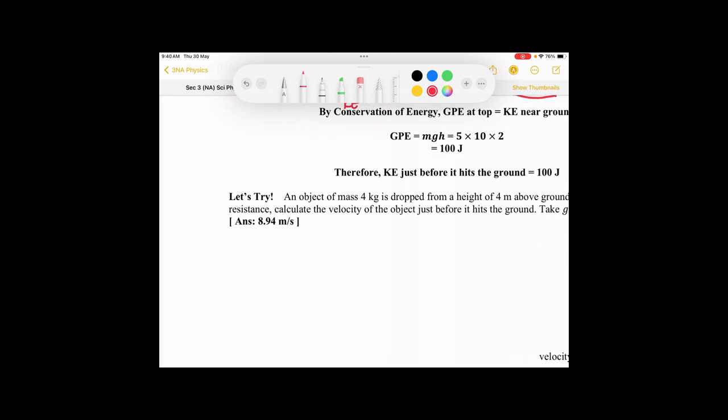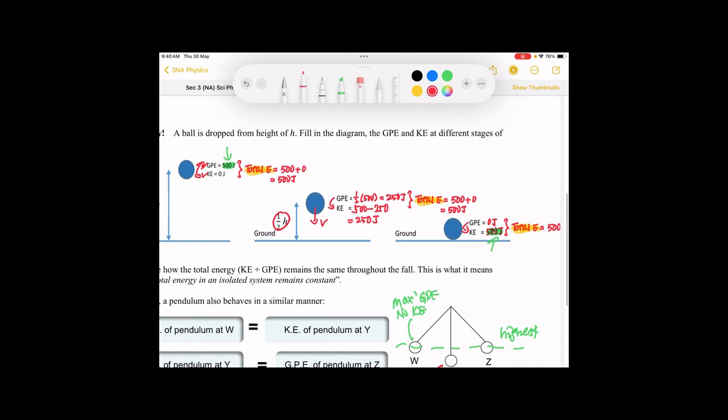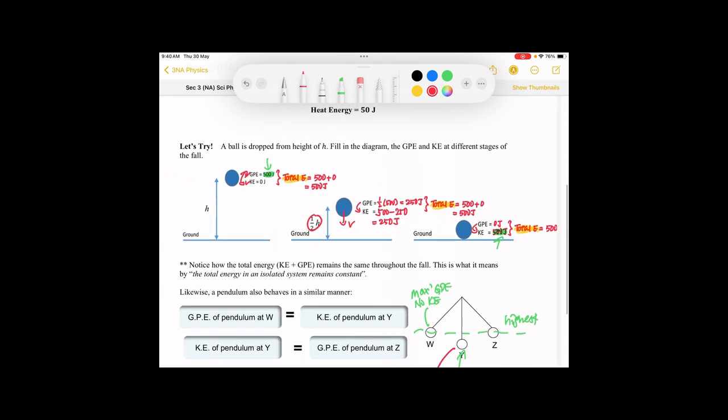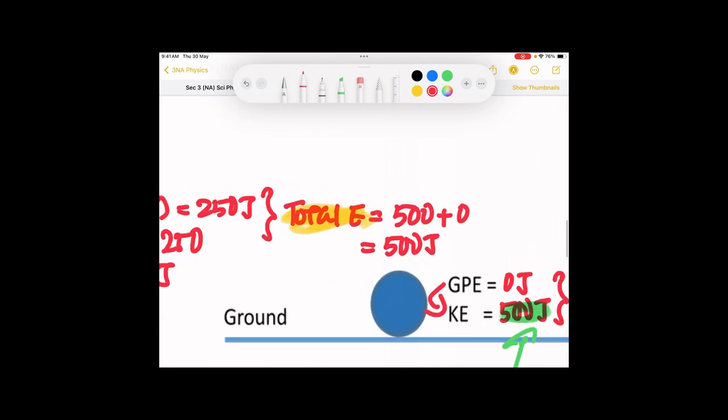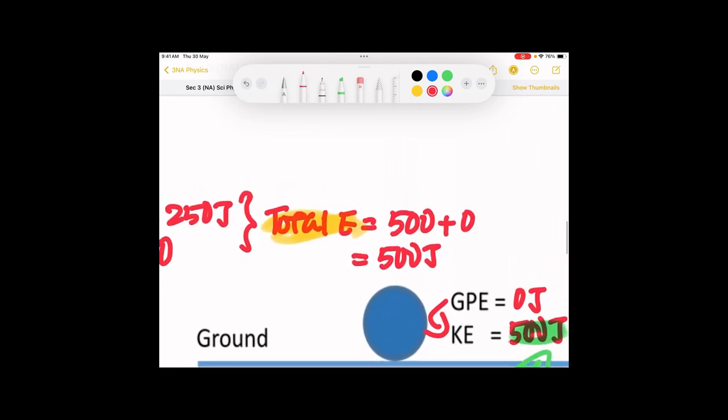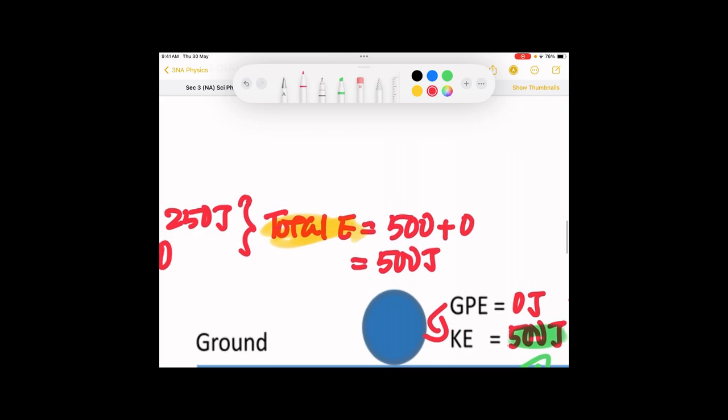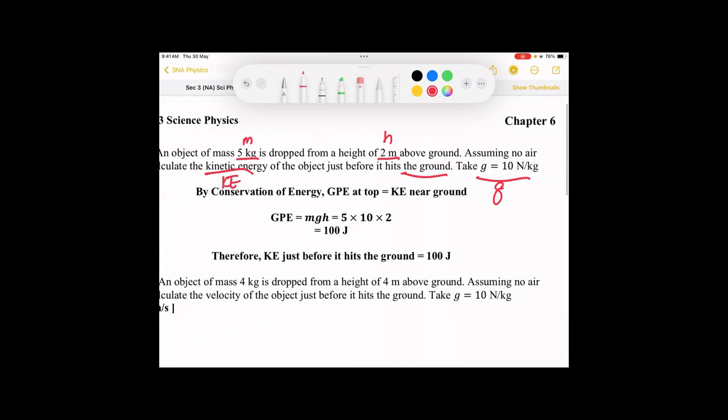Okay, so this is the case here. The object was at a height, it was released, it was being pulled down by gravity, and we find the amount of KE just before it hits the ground, just like this case over here. So bear in mind, the concept here is that total energy in that system must remain constant throughout the fall. So what happens here?